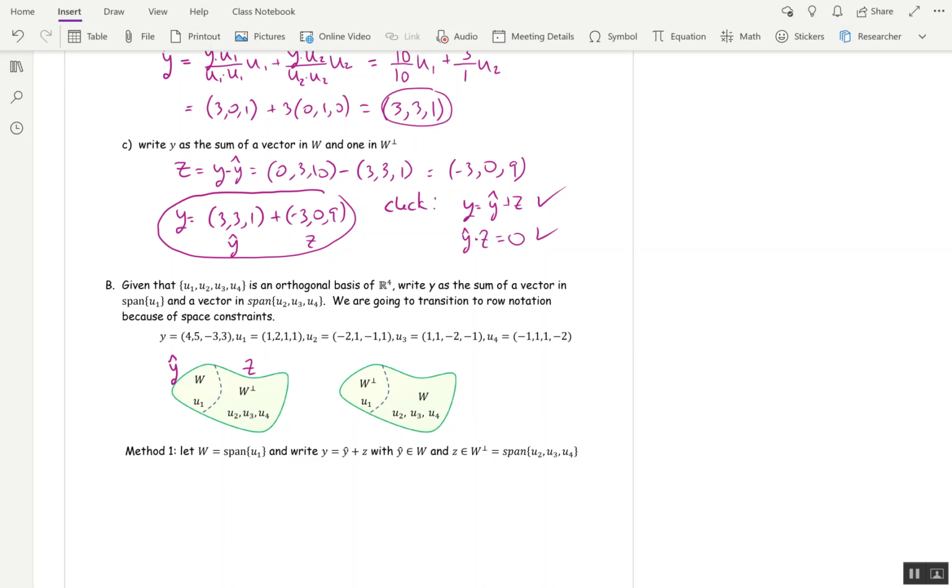But you could also find the orthogonal projection of Y onto W, where W is this space, spanned by U1, U2, U3, and then let Z be the leftover. Now, the second way requires more work, because if you let Y hat be the projection onto W, where W is spanned by U2, U3, U4, then in your formula for Y hat, you're going to have to do 3 different dotting expressions.